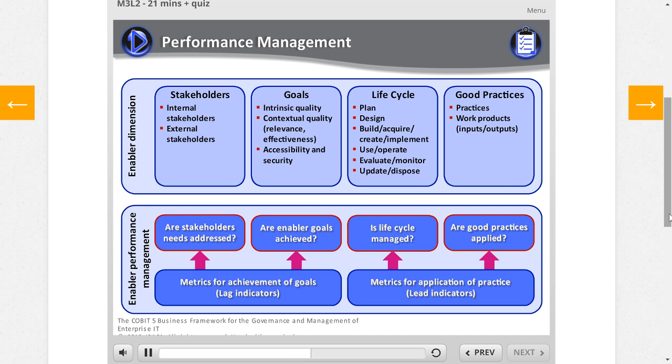Is the enabler lifecycle managed? Are good practices applied? The first 2 questions relate to actual performance and are therefore backward-looking. They are known as lag indicators. The second 2 questions deal with what we might call the quality of the process. These are known as lead indicators. The idea being that a good quality process will deliver good performance in the future.